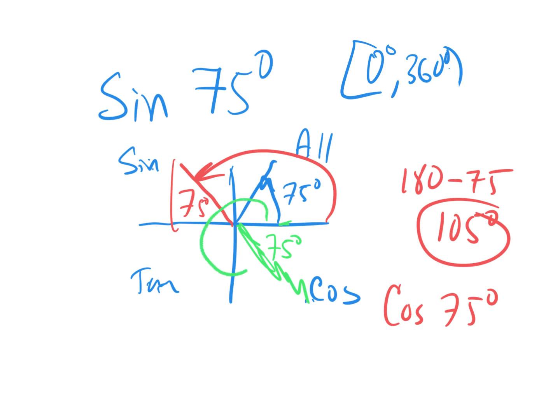That tells me this angle is going to be 360 minus 75. What is that? 285. That's 5, that's 10, yeah, 285. So 285 degrees has the same cosine as 75 degrees.